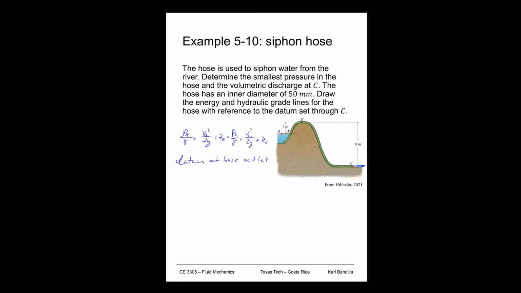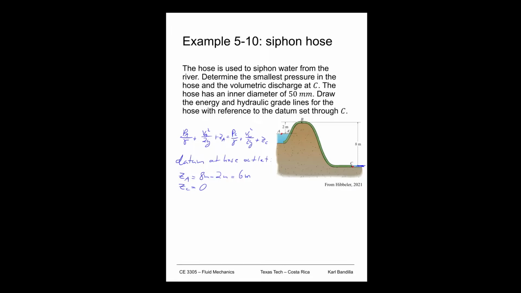So our ZA is going to be 8 meters minus 2 meters, 6 meters. That's our ZA. ZC is, of course, at the same level as our datum, so ZC is equal to 0. That's always good. We like to have zeros, they make our equations easier.